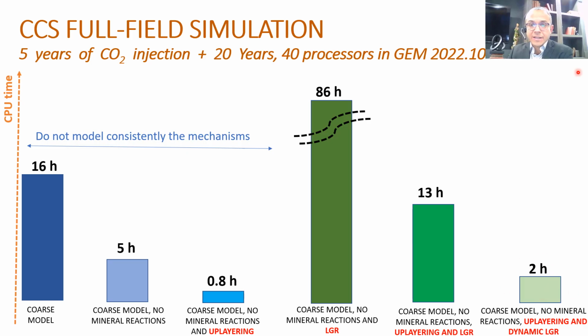With that last version of our model, it takes 20 hours to simulate 500 years. So this CPU time shows us that it is still plausible timing for a field project evaluation.